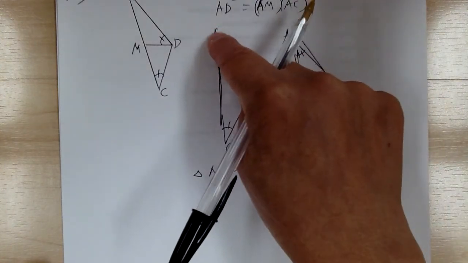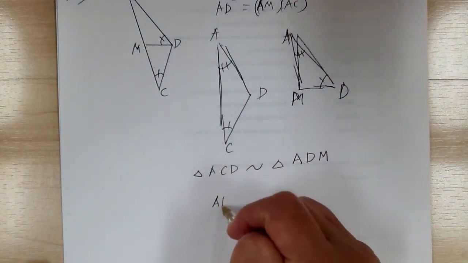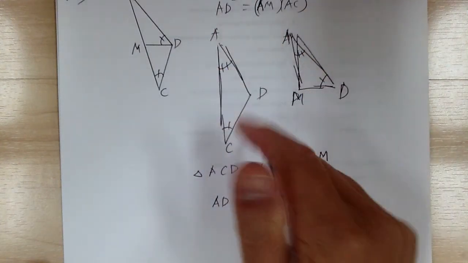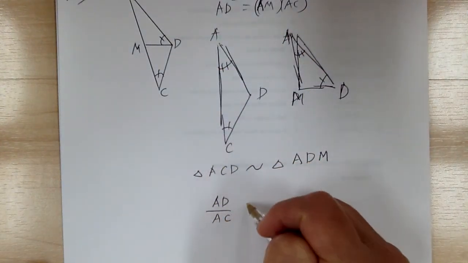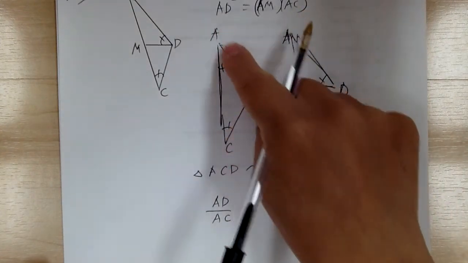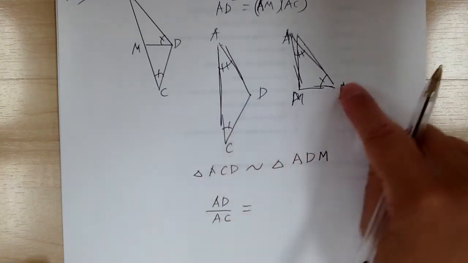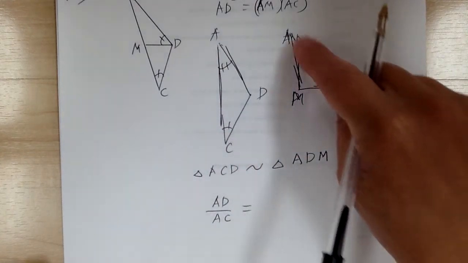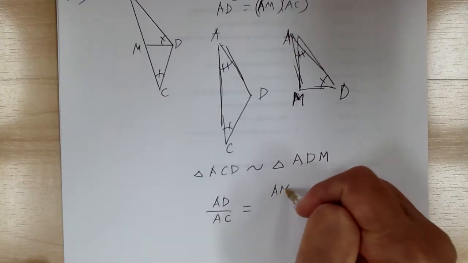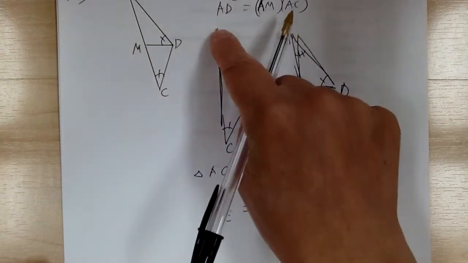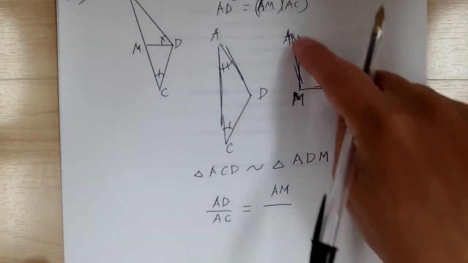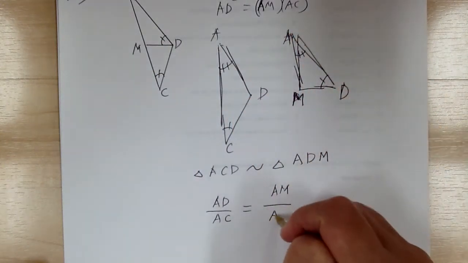You can have the AD over AC is equal to, so AD is the one facing the one hash, so the one facing the one hash is AM, over AC is the one facing no markings, so the one facing no marking would be AD.